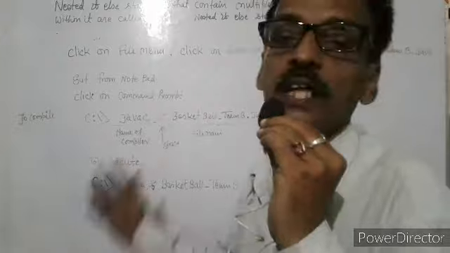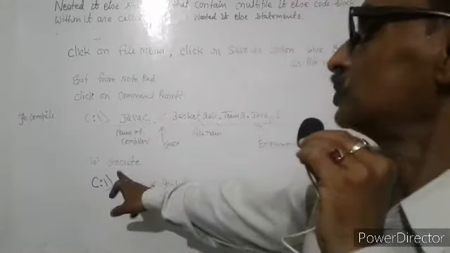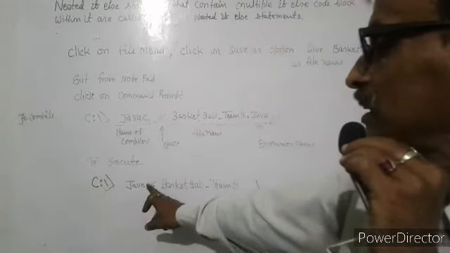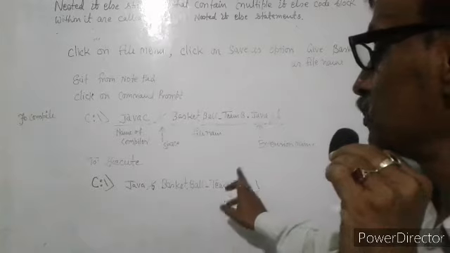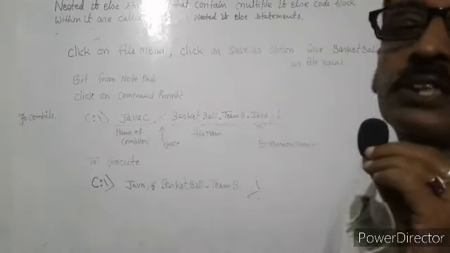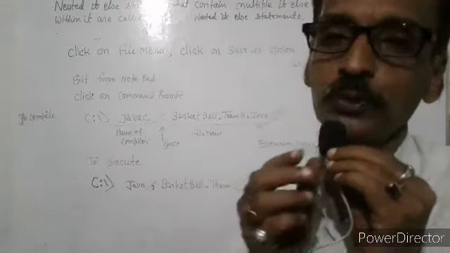When your program is error free, we execute it by typing java BasketballTeamB, press enter, and we will get our output.